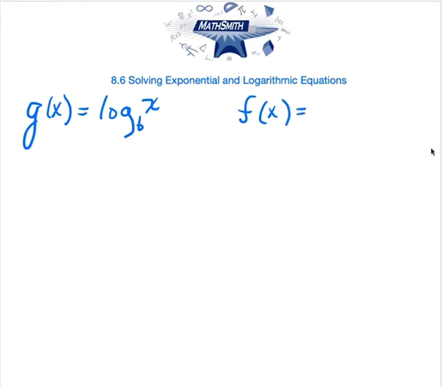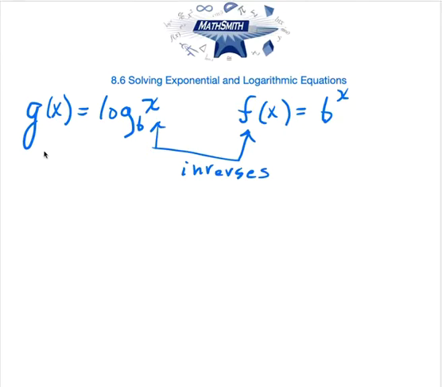Remember when we were saying that if we have some function g of x equal to log base b of x, and we have a function f of x that's the exponential function b to the x, these are inverses of one another.